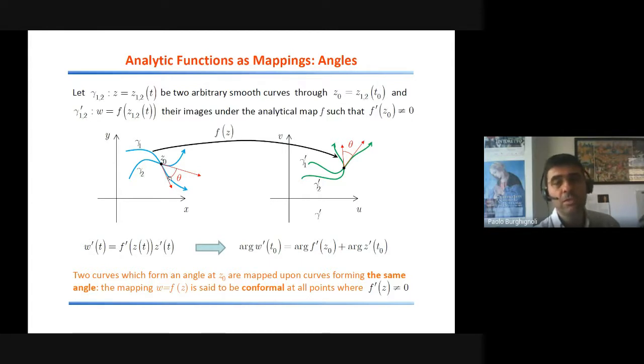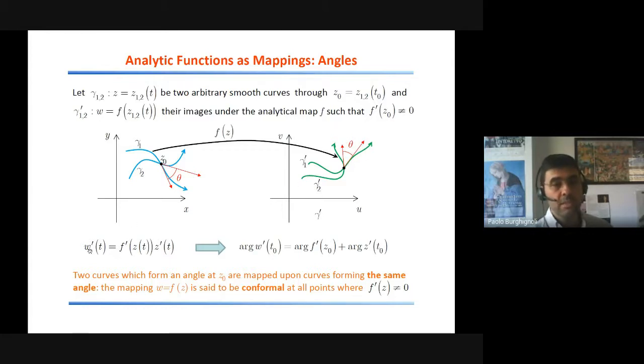Tangent vectors, of course, are nothing but the derivatives of z with respect to the parameter, once calculated for gamma 1 and once calculated for gamma 2. Now, if you consider the map and then the images of those curves, you will end up in the w plane with a pair of curves, let's call them gamma 1 prime and gamma 2 prime, which will be intersecting in the image of z0. And at that image, again, you can calculate the tangent vectors.